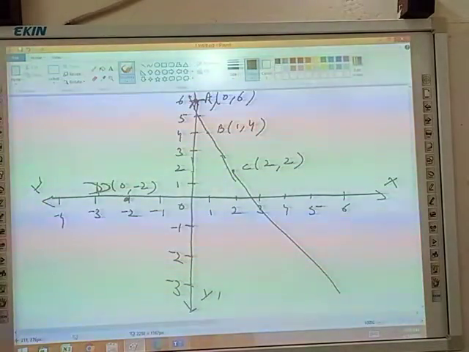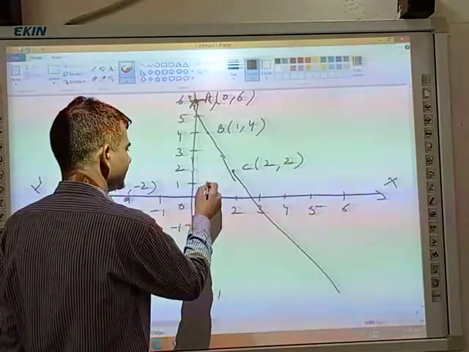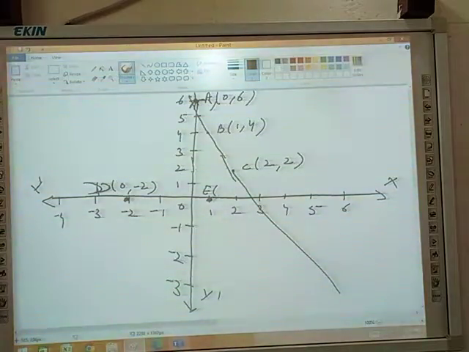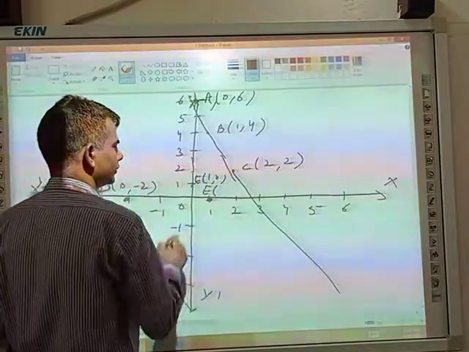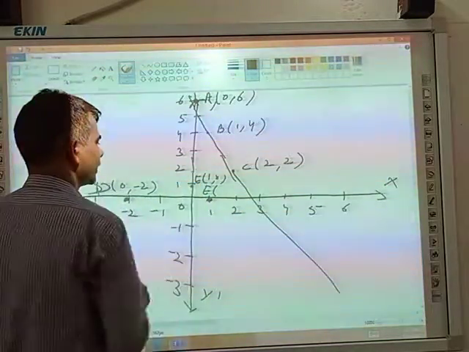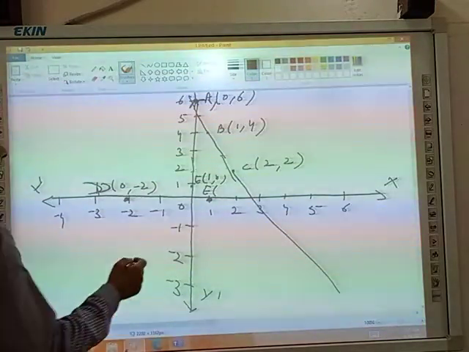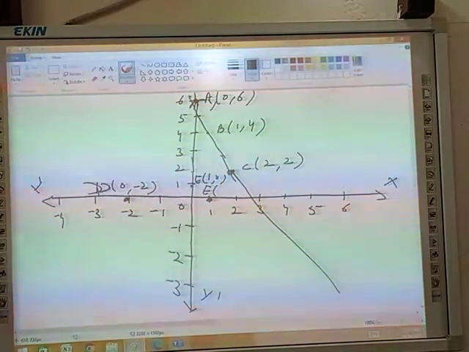Now students, next one is (1, 0). That is on the x-axis. The point (0, minus 2) will be on the y-axis. Next is (2, 2).